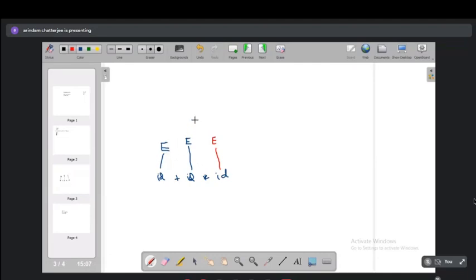Then what you did is choose this step. So E star E is now converted to E, reduced to E rather.